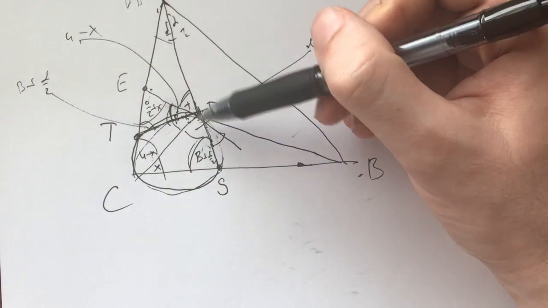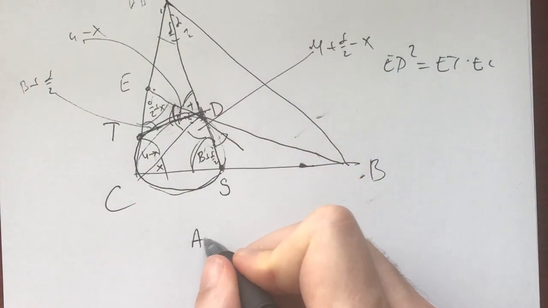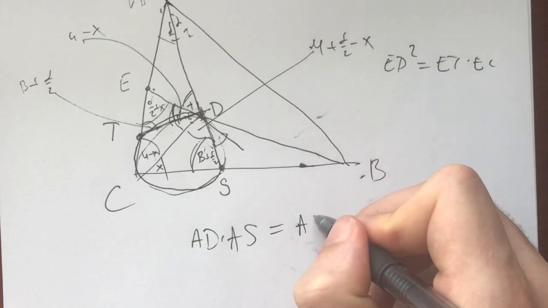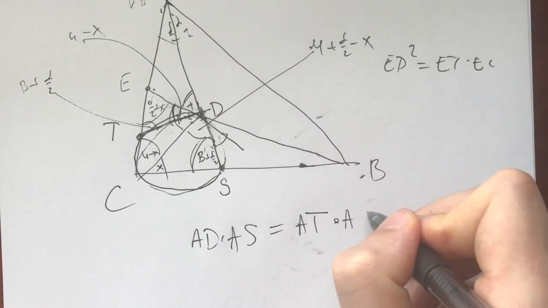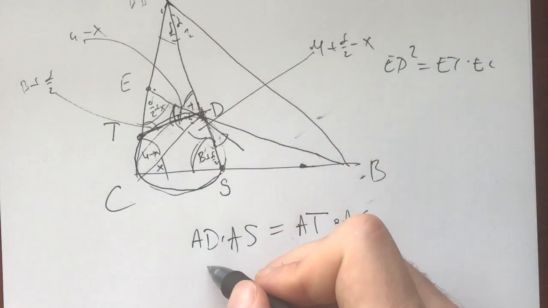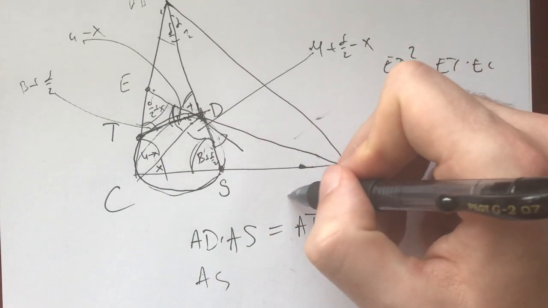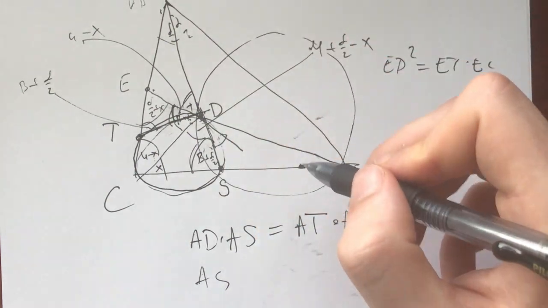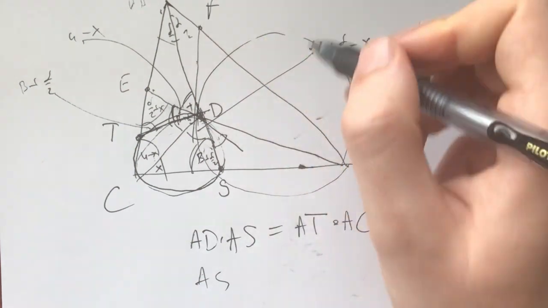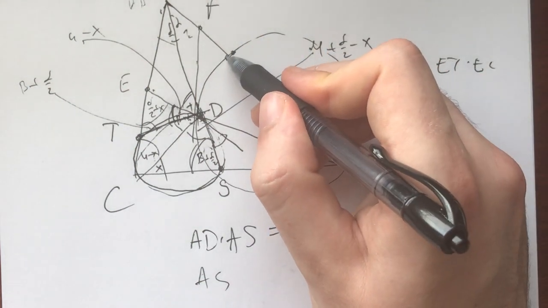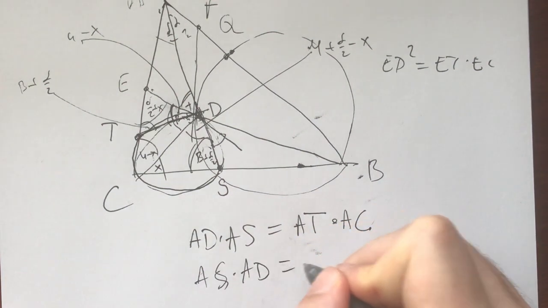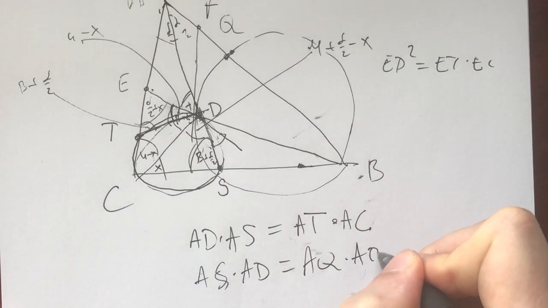But we have, okay, a power of a point for A. Now we have AD times AS, which is something that's constant, is AT times AC. Okay, so now if we took the other intersection here, with BSD, if we took this intersection, like this is a tangent here, that would be point F. If we took this other intersection, call this point, say, Q, we would have AS times AD is also AQ times AB.